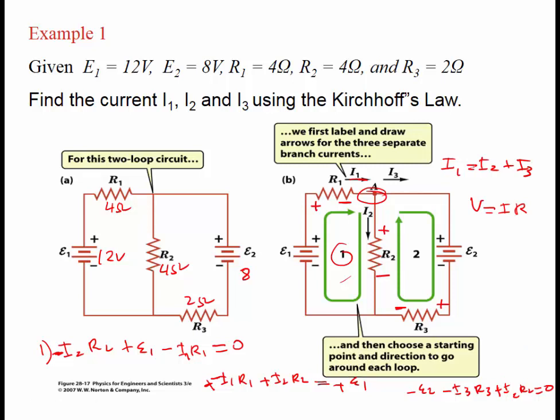So now we can also rewrite this so that it looks a little bit better. If we transpose this, we're going to have I2 times R2 minus I3 times R3, and this is going to equal E2, right? Bring that to the other side, this becomes E2, right?